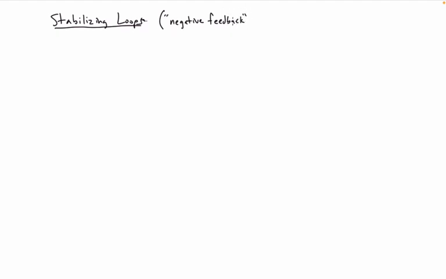So stabilizing loop, also known as negative feedback, balancing feedback. These are just different names for the same thing. Goal-seeking loop or goal-seeking feedback. So these are going to be systems that are drawn to some sort of stable level.